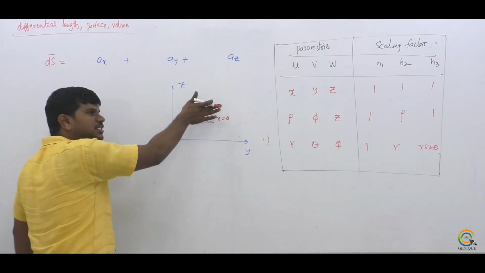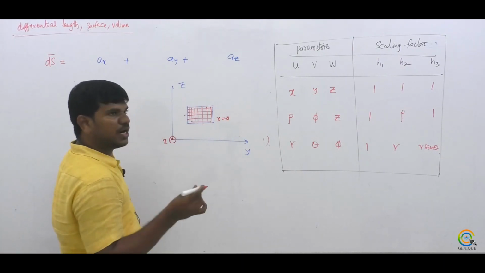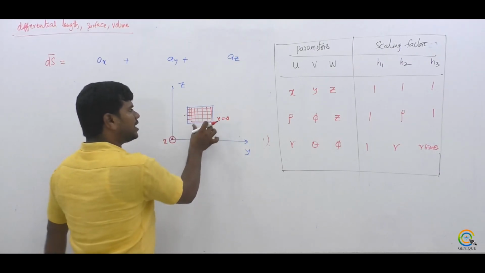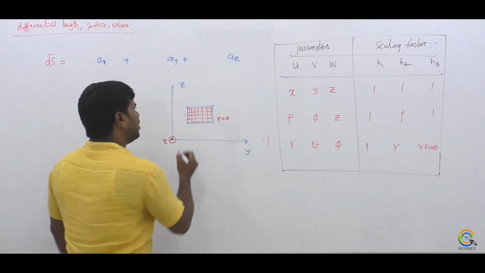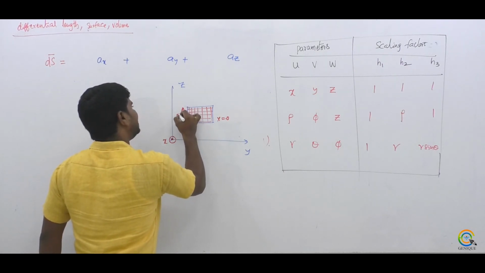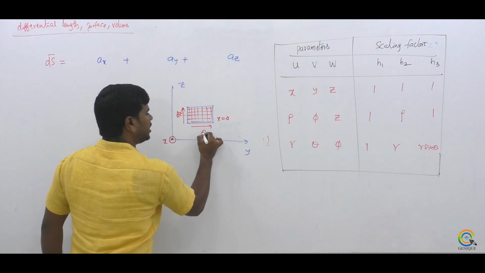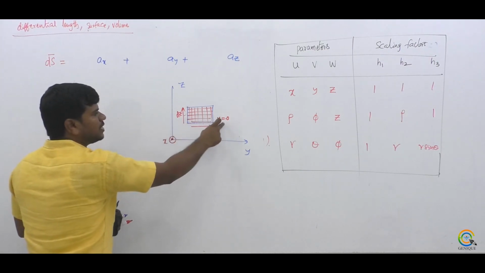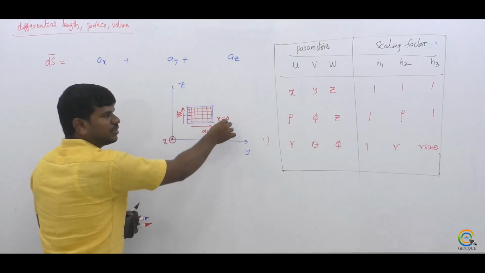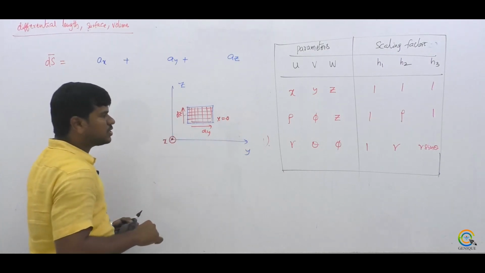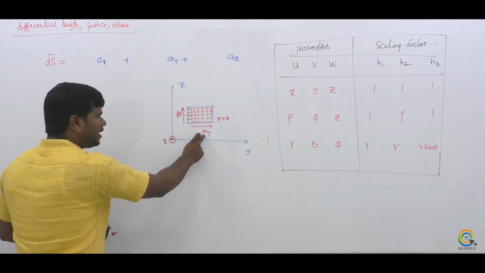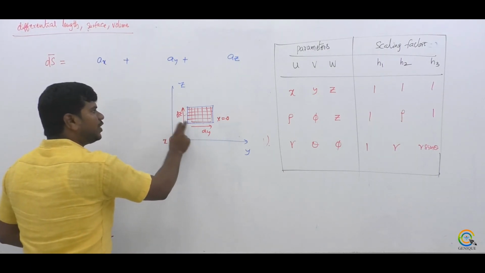So how is the surface moving? The surface is moving normal to this. Then what is the differential area? It is dz, it is dy. What is the area of this for the x equals constant surface? It is dy into dz.